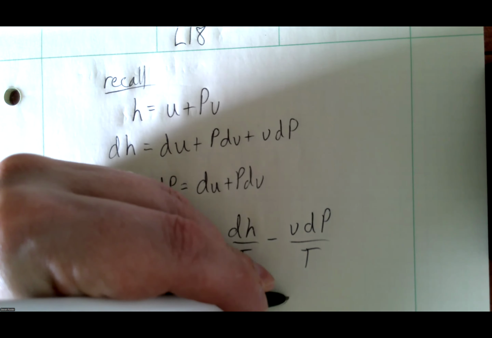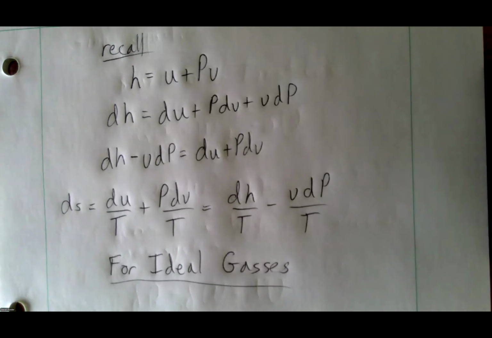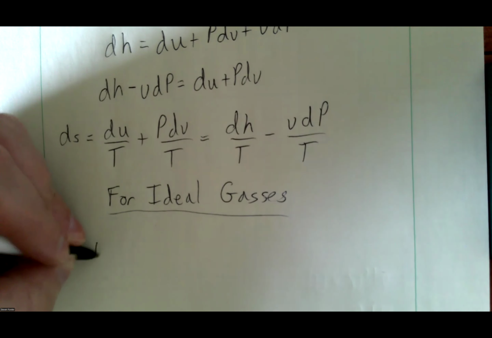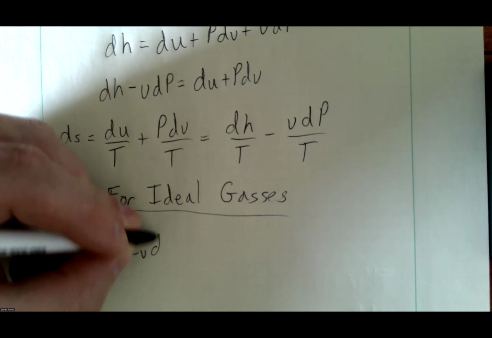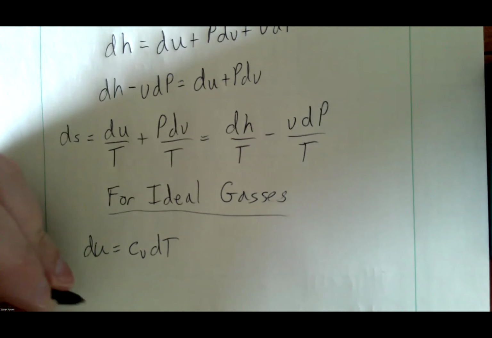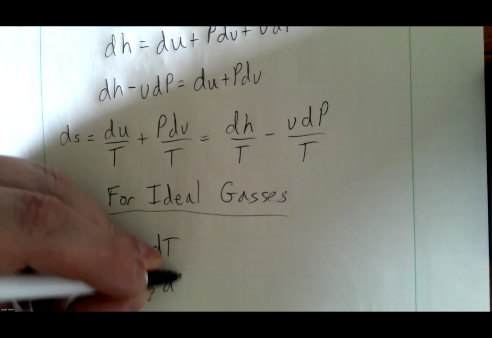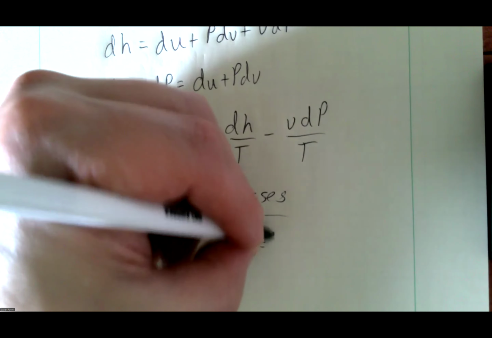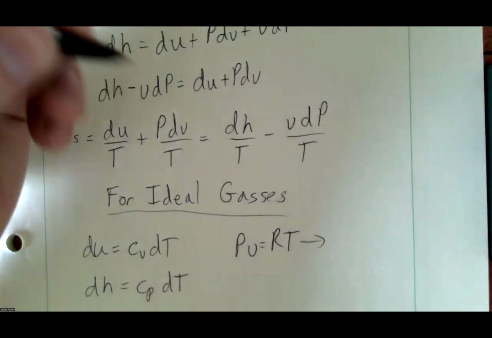Yes. For ideal gases, we do know that du is equal to C sub V dT, and that dH for an ideal gas is C sub P dT. And I also know that P little v is equal to RT, which I can solve in two different ways.